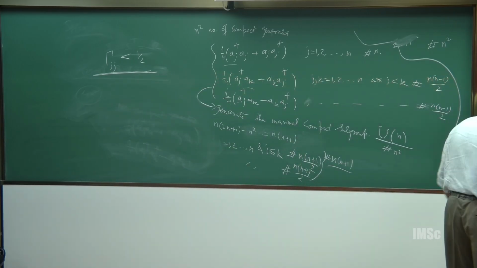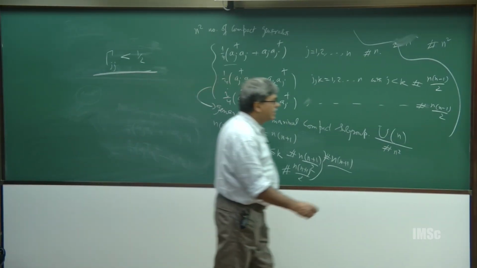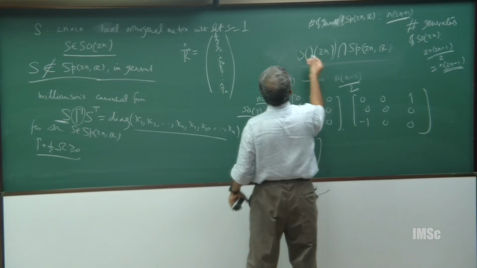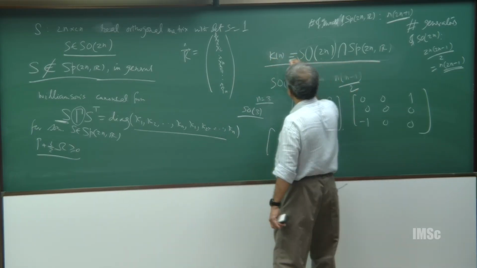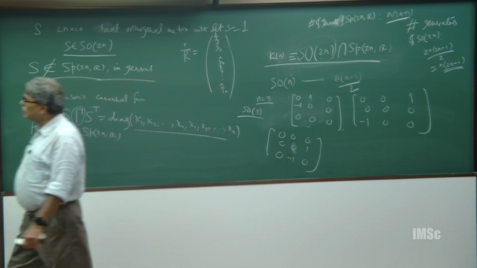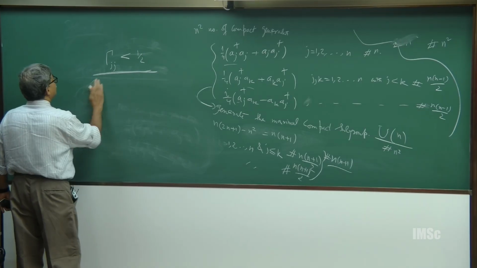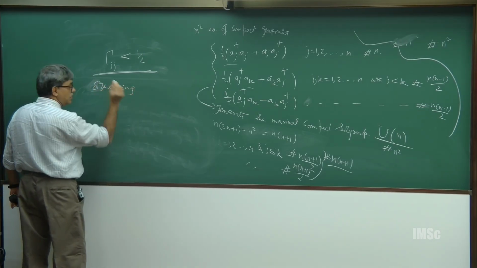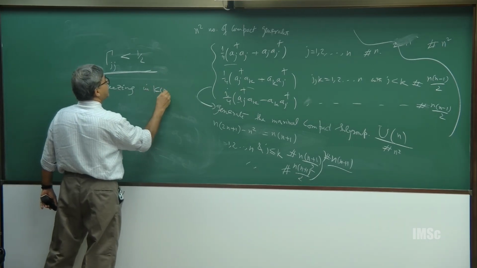Let me call this group K n. This is my notation. What I am looking for is a statement of quadratic squeezing in K n invariant form.